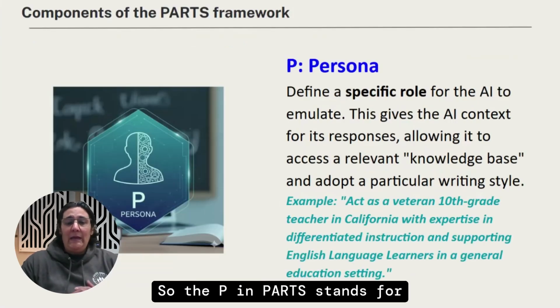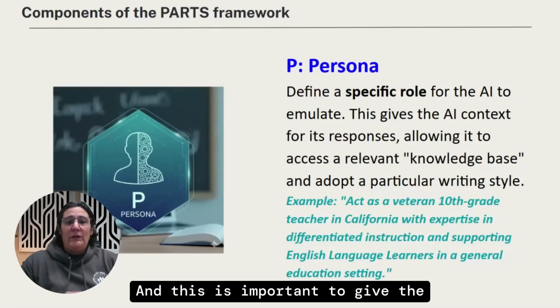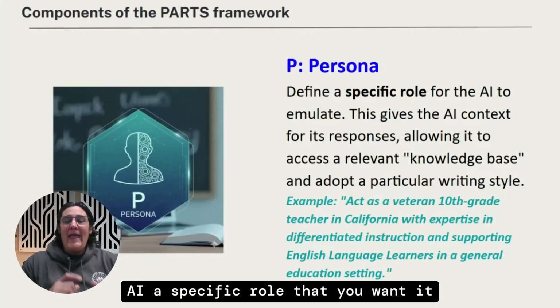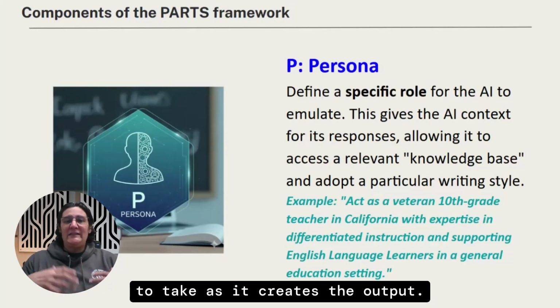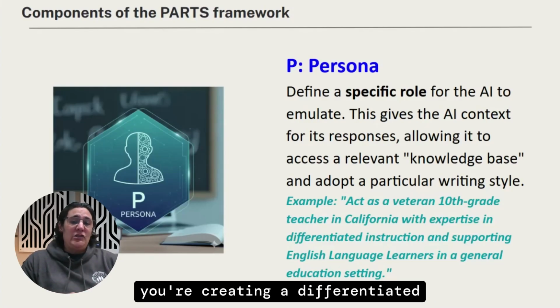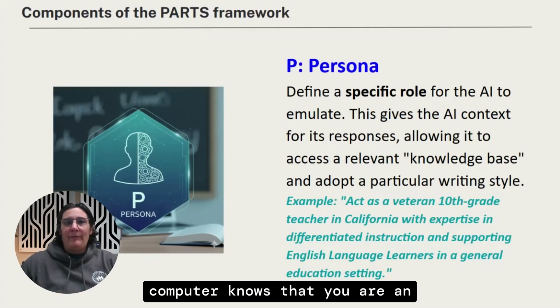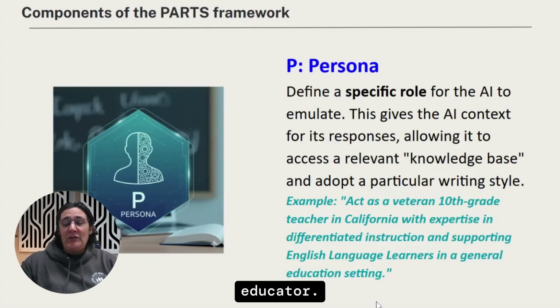So the P in PARTS stands for persona. And this is important to give the AI a specific role that you want it to take as it creates the output. So if you are creating a rubric or you're creating a differentiated lesson, it's important that the computer knows that you are an educator.